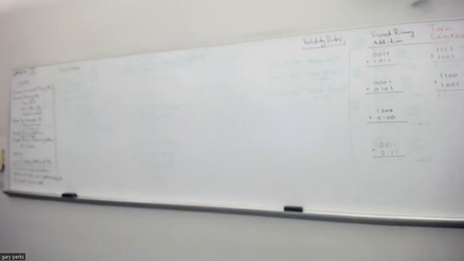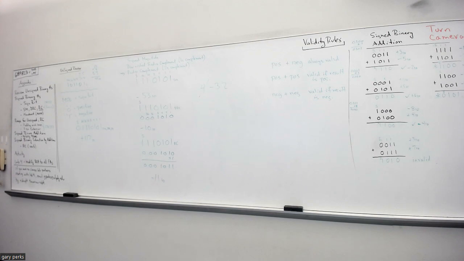So as you're aware, if you want to take some number minus another number, that's the same as taking this number and adding it to the negative of the other number.